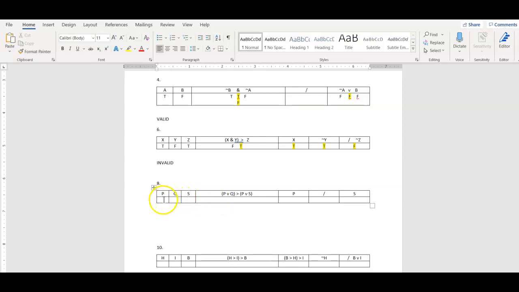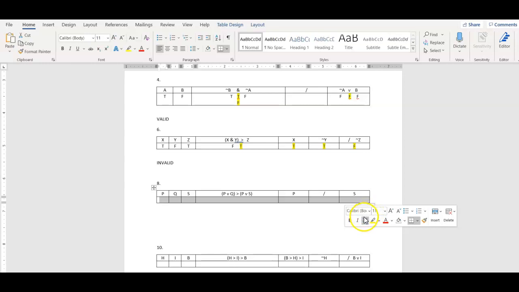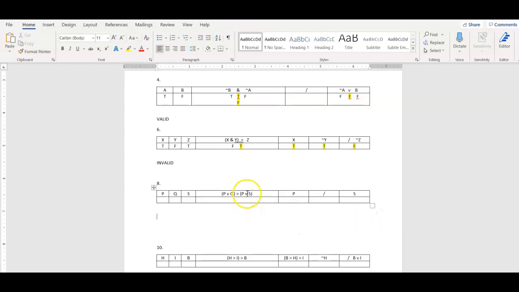All right, number 8, again, we've got 3 atomic sentences. This would be an 8-line truth table. We've got 2 premises, P or Q, conditional P or S, and then just P by itself, and the conclusion is just S, right?